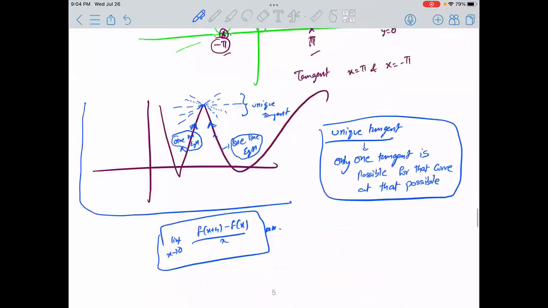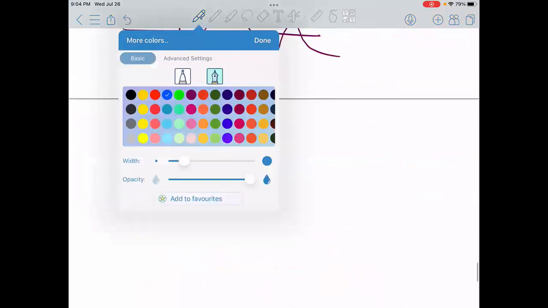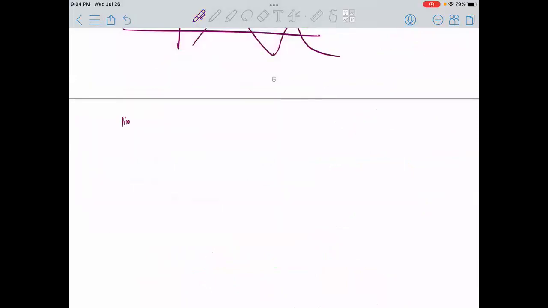Now I will tell you some rules that you have to remember. Limit x tends to 0, sin x by x is equal to 1. Limit x tends to 0, log(1 plus x) by x is equal to 1.